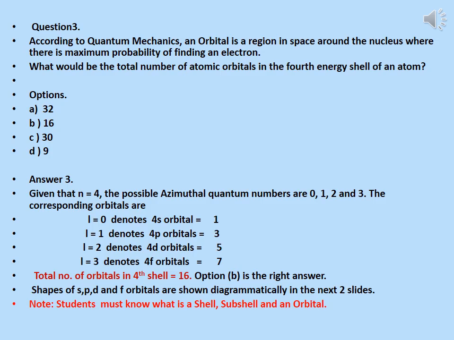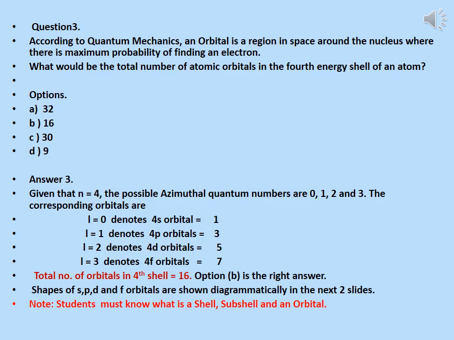If you look at the d orbitals, the d orbitals are 5 in number because of the varying directions, orientations in space around the nucleus.